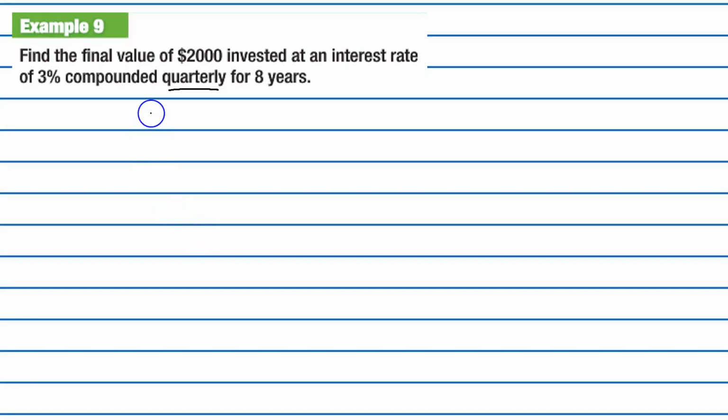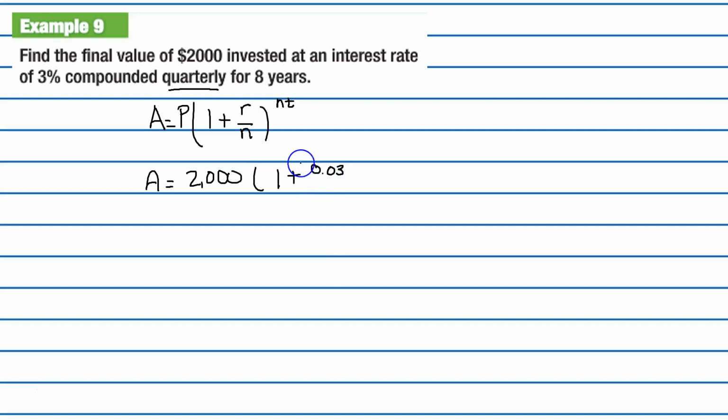So I'm going to go ahead and write our formula here. A is equal to, and P is your initial amount. So in our case, we invested $2,000. 1 plus our rate, which is our percentage here, needs to be changed to a decimal, which would be 0.03.